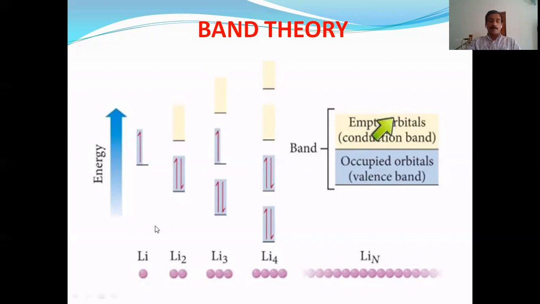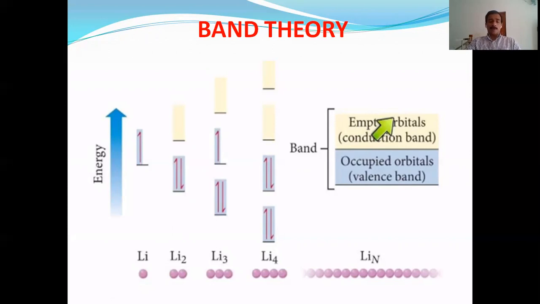When two atoms combine, the two atomic orbitals, that is the 2s orbitals of the two lithium atoms, undergo linear combination to form a bonding molecular orbital and an antibonding molecular orbital.